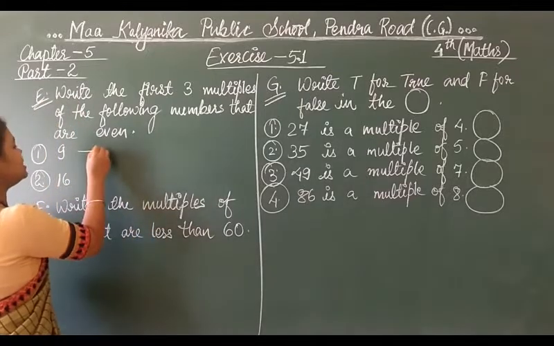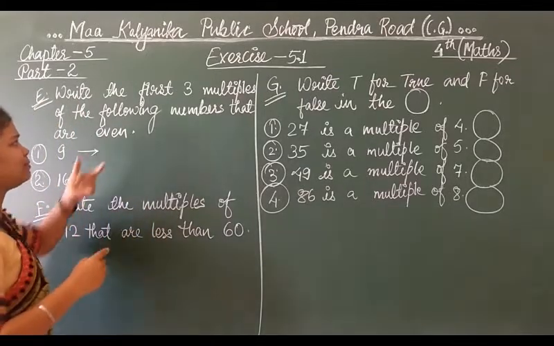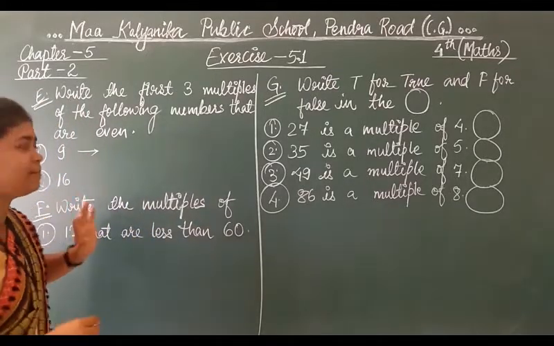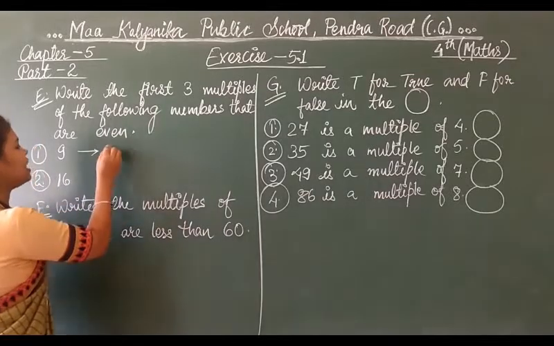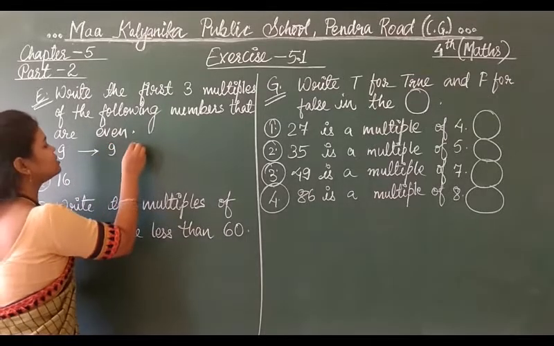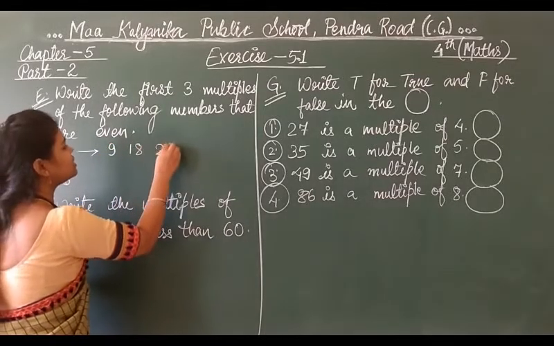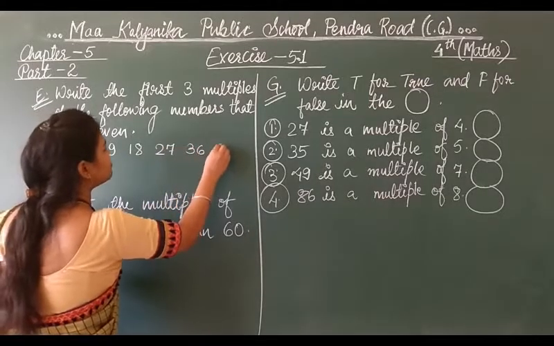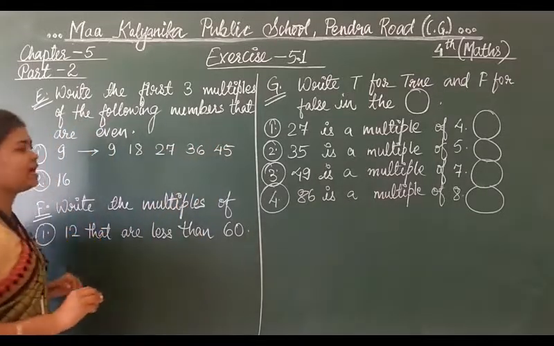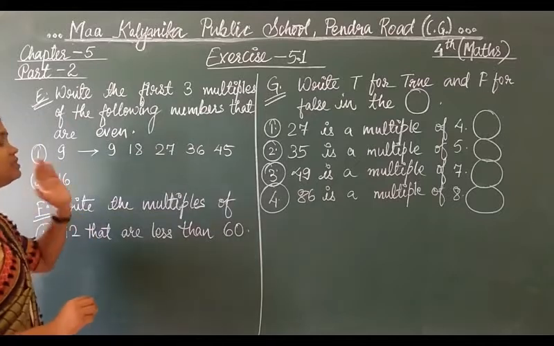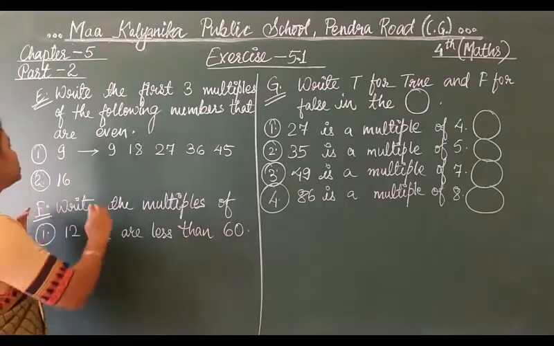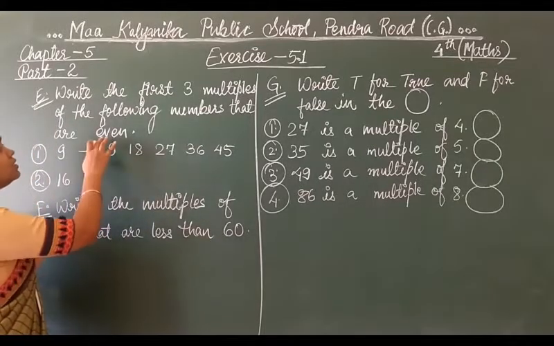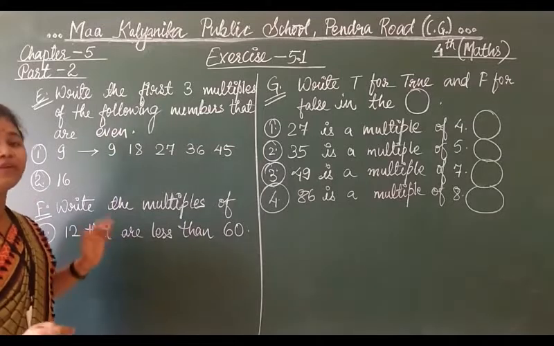Okay, so students, see here the table of 9, because it is asked for the first three multiples that are even. 9 ones are 9, 9 twos are 18, 9 threes are 27, 9 fours are 36, 9 fives are 45. For example, I have taken these 5 multiples of 9. But those which are even, we have to find out.